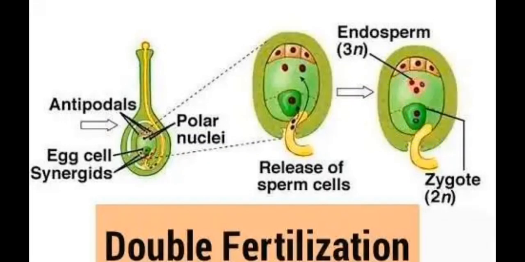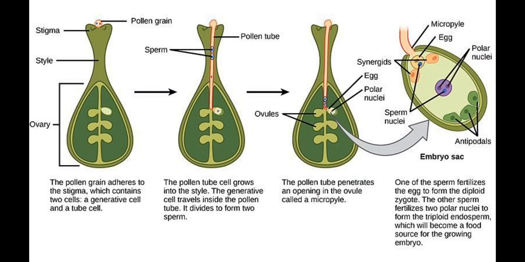Here and here. Okay, so here in a little bit more detail. The pollen grain adheres to the stigma first. This is the first step. The pollen grain has 2 cells, a generative cell and a tube cell. The tube cell starts to grow and makes a tube, and this tube grows inside the ovary, penetrates the ovary like it is visible here.